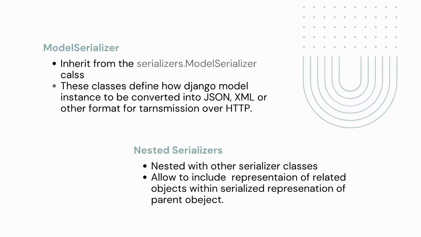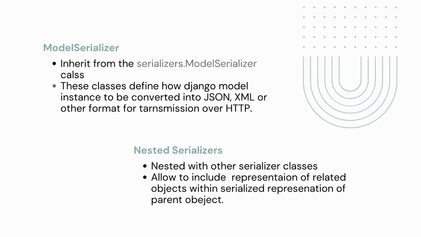These classes define how Django model instances should be converted into JSON or XML or any other format for transmission over HTTP. This type of serializer handles the process of converting complex Django model instances into a format that can be easily transmitted over the web. This includes converting model fields into their corresponding data types in the serialization format.